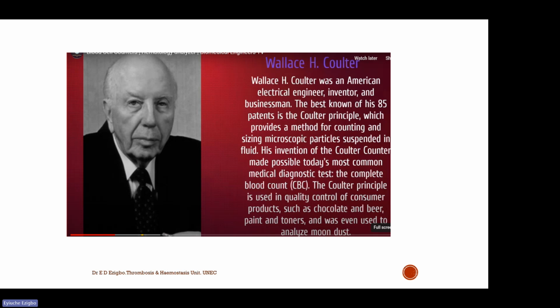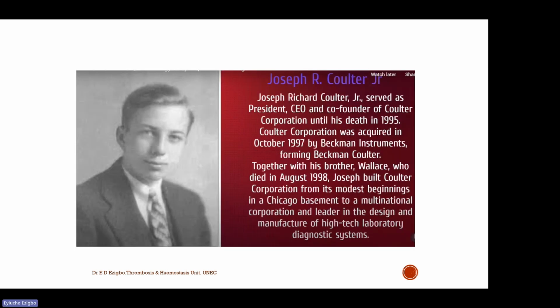Coulter was the one that developed this principle of impedance, and it's called the Coulter principle. He worked with his younger brother, and that was their history, how they formed the company.